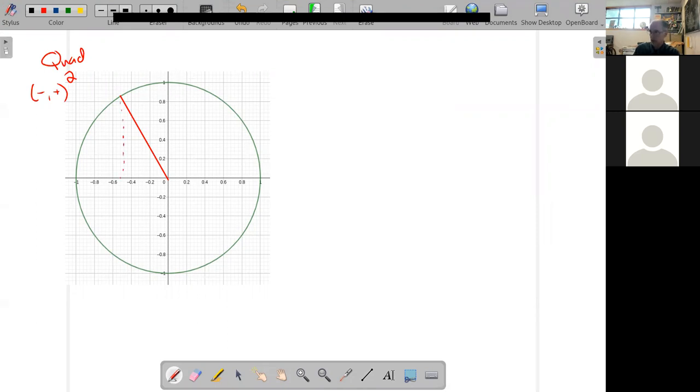So I'm going to come down here, and we're going to give the x value. And x value on the unit circle is cosine. So x here on the unit circle is cosine of theta. And let's say the cosine here is -4/7. So that's my x value.